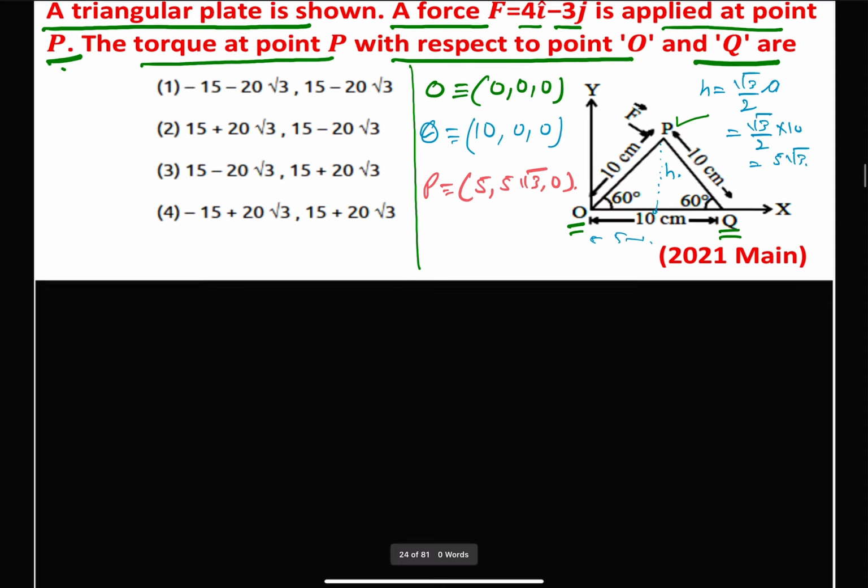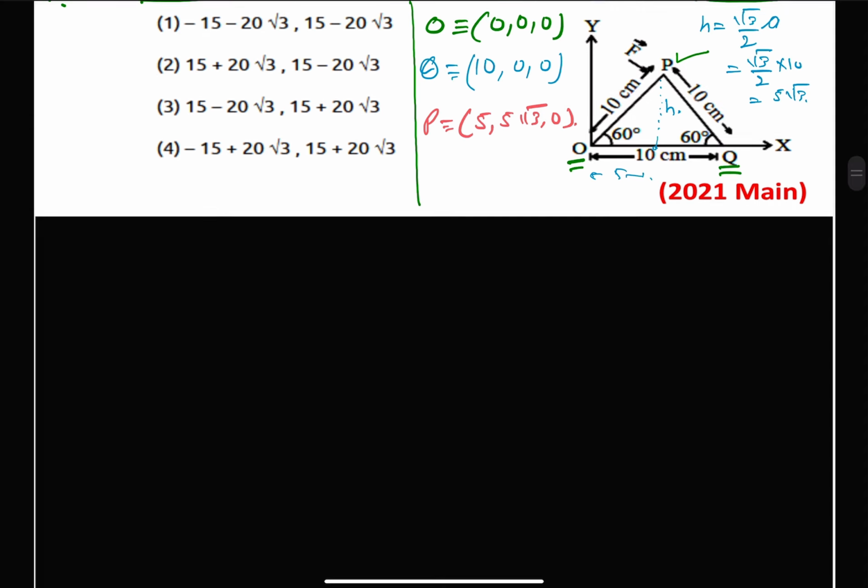We are given the force vector F, which is given as 4i minus 3j, and which we can write as 4, minus 3, 0.